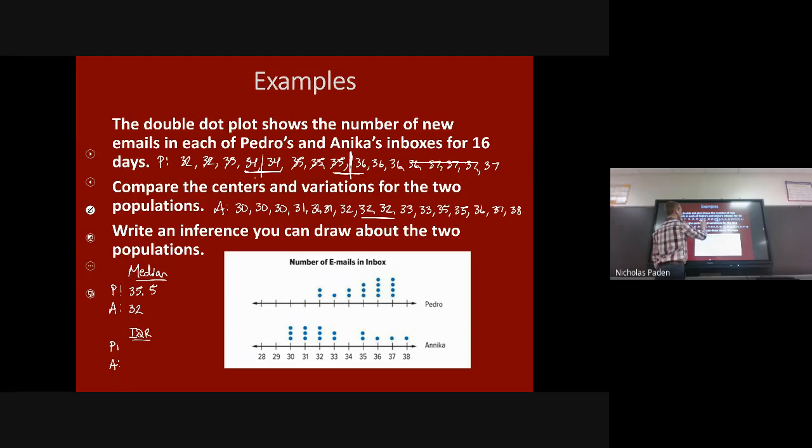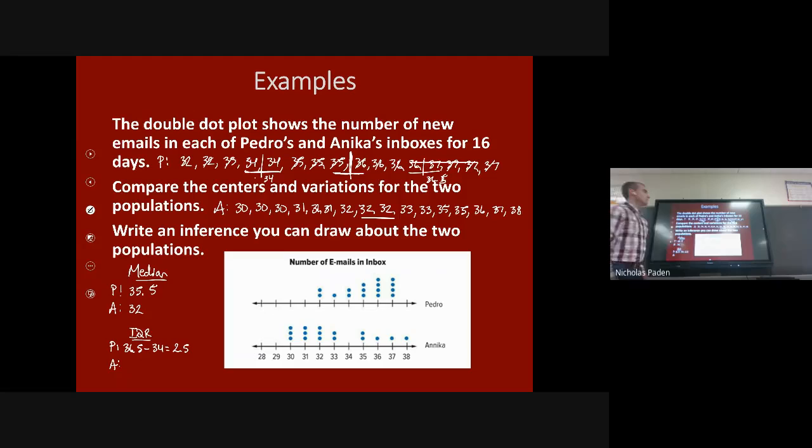So that's going to be 34 as the median. Do the same thing here on the upper half. I've got 36 and 37. So this would be 36.5. So the two numbers I am subtracting is 36.5 minus 34. So the IQR for Pedro's would be 2.5.